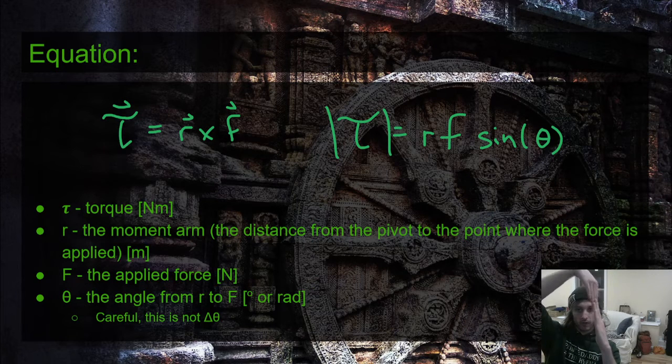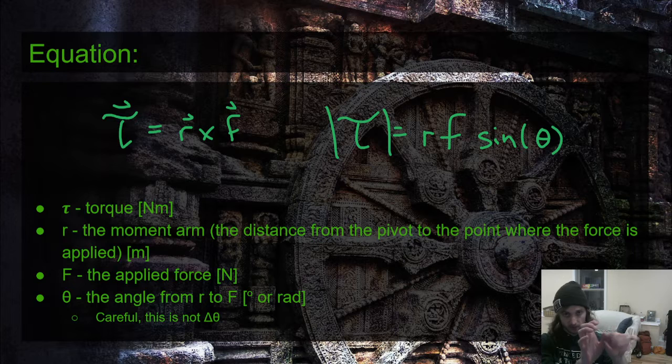If you are pushing straight towards the center of the circle or straight away from the center of the circle, you will get absolutely no torque. That doesn't mean you won't make the thing accelerate, but it does mean that doing so won't make the thing spin. So if you ever grab a wheel and you have it in the air, if you push the wheel towards the center of the wheel, it won't start spinning. If you push the wheel away from the center of the wheel, it will.